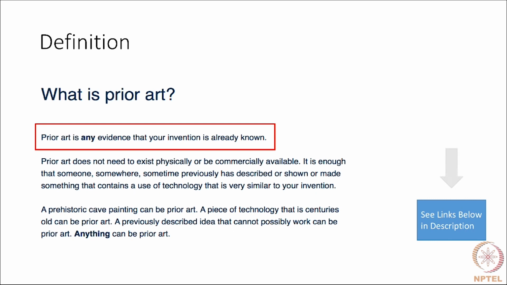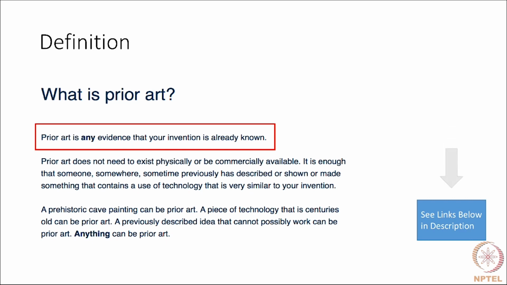Now, it does not need that the prior art should physically exist or it should be commercially available in the form of a sale. It is enough that somebody has described it or shown it or used the technology. Now, you could say there are many things that could amount to prior art. A cave painting can amount to a prior art.